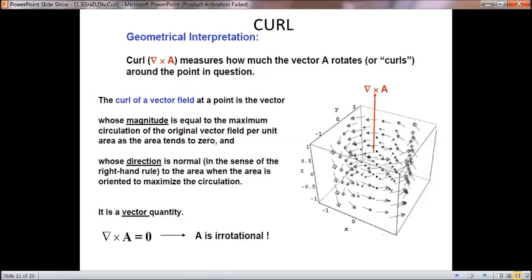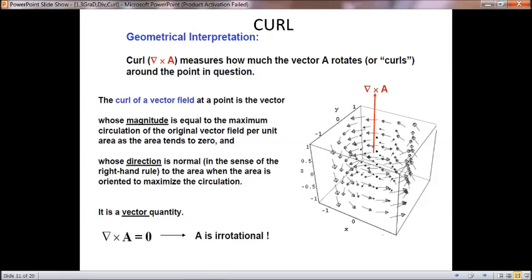So that's the definition. The curl of a vector field at a point is the vector whose magnitude is equal to the maximum circulation of the original vector field per unit area as the area tends to 0. This is the proper definition for curl.